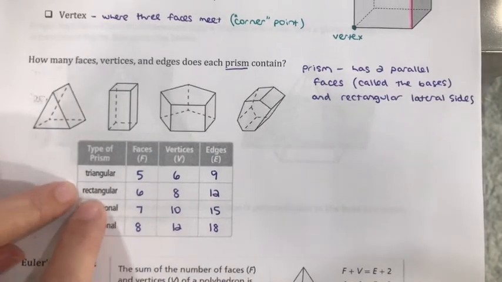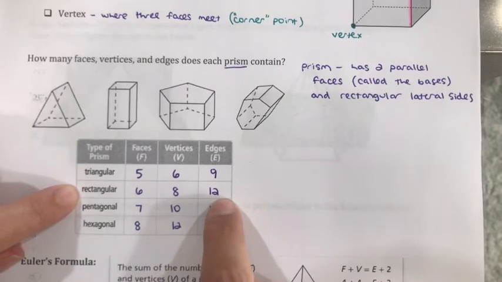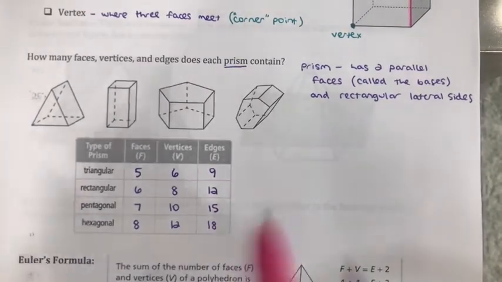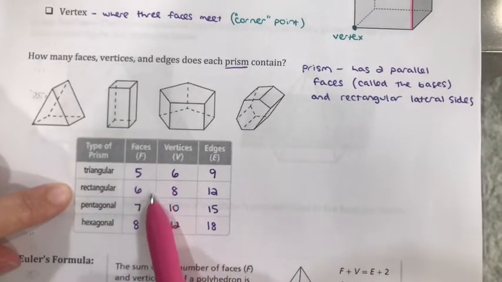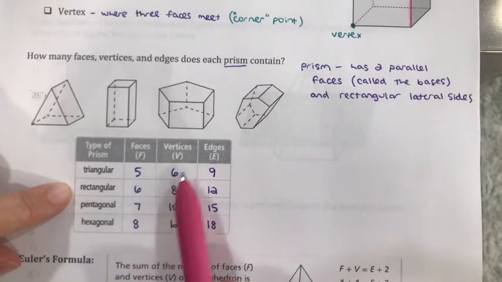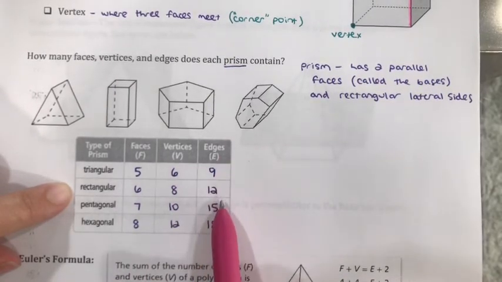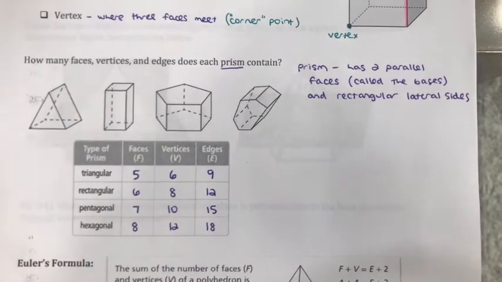So a rectangular prism has 6 faces, 8 vertices, and 12 edges, and you can check the remaining answers. Now you'll notice that as the figures get bigger by one side, the number of faces increases by 1, the number of vertices increases by 2, and the number of edges increases by 3. So that's an interesting thing that happens.